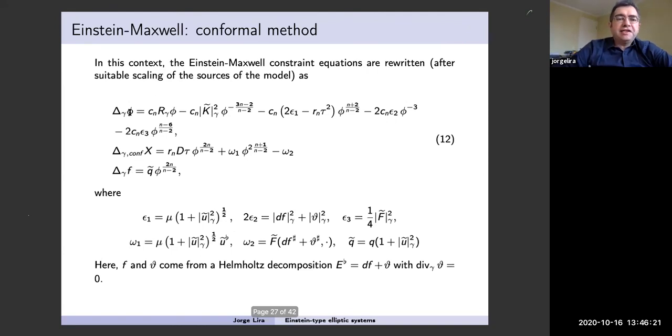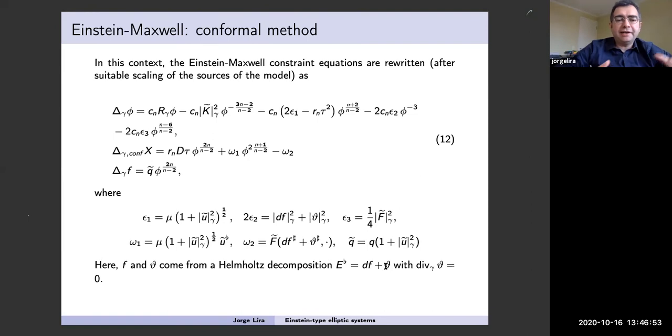Notice that phi, X, and f are the variables now, of course. And then you have data. The data are listed in these 6 objects here. The data concern the density of mass, the density of charges, the mean curvature of the leaf, the U part of the second fundamental form, and now this theta, which is part of the electric field.